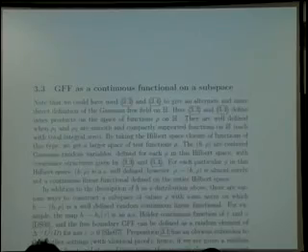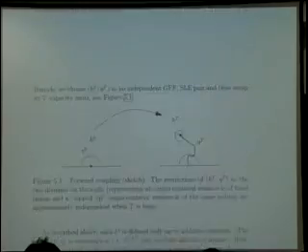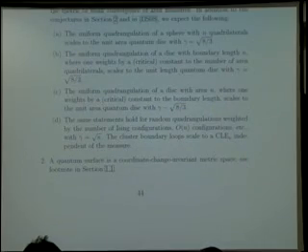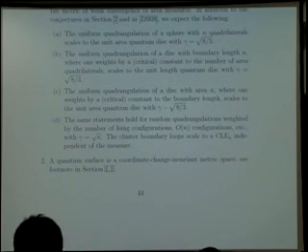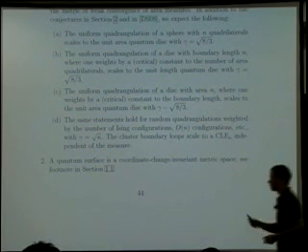Okay, so number 2, a quantum surface is a coordinate change invariant metric space. This is what I said last time. If I give you a quantum surface, you can say, how many delta balls do I need to connect one point to another?